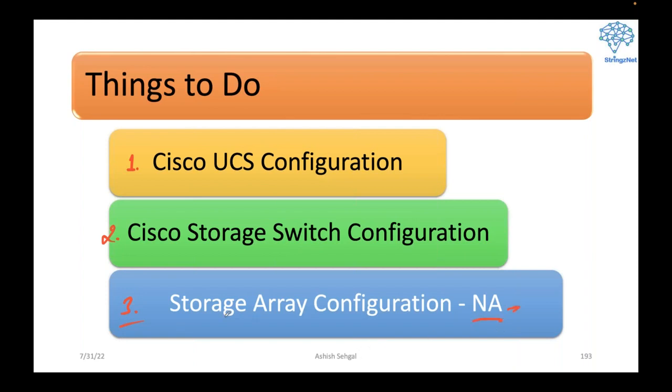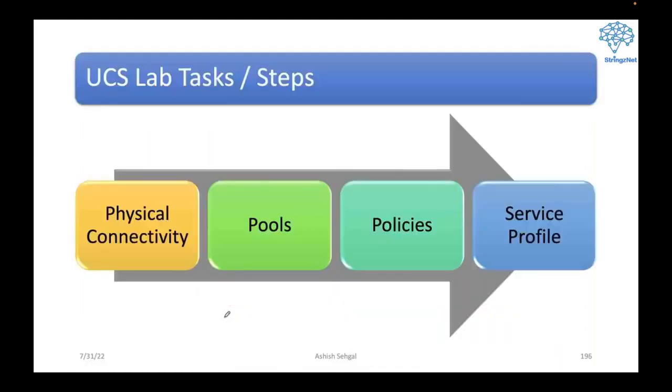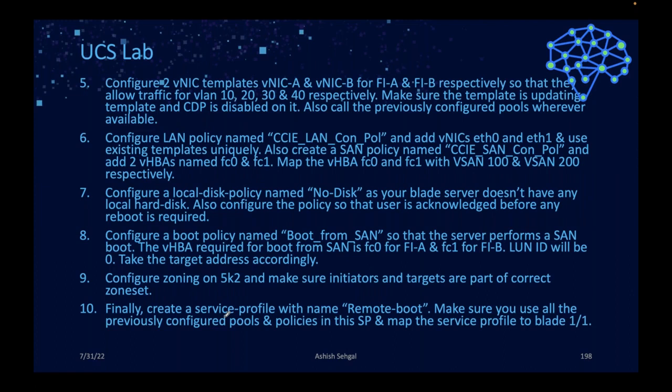We are not given leverage to configure the target storage machine. There is always a dedicated team. We will not be given that. Understanding the entire topology, our lab is going to be divided into four major tasks: physical connectivity, pools, policies, and service profile.